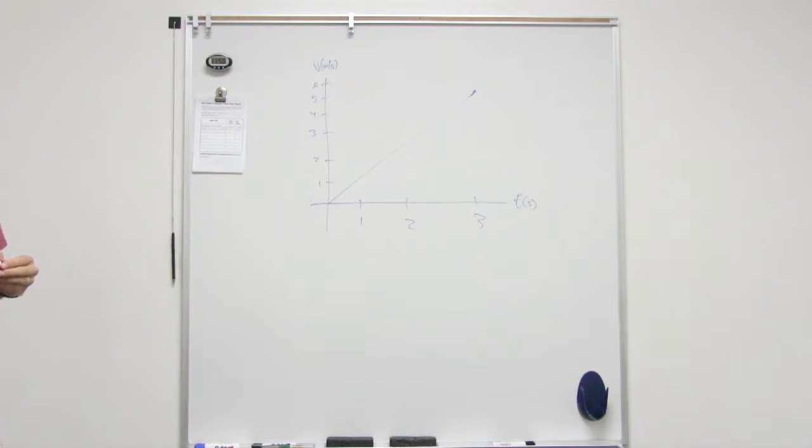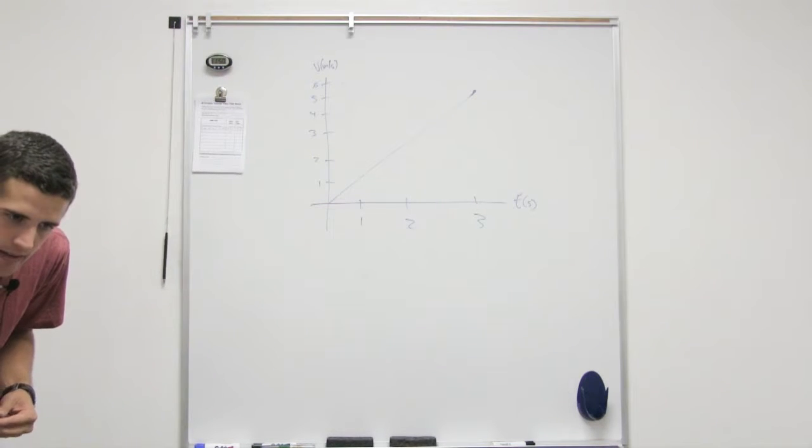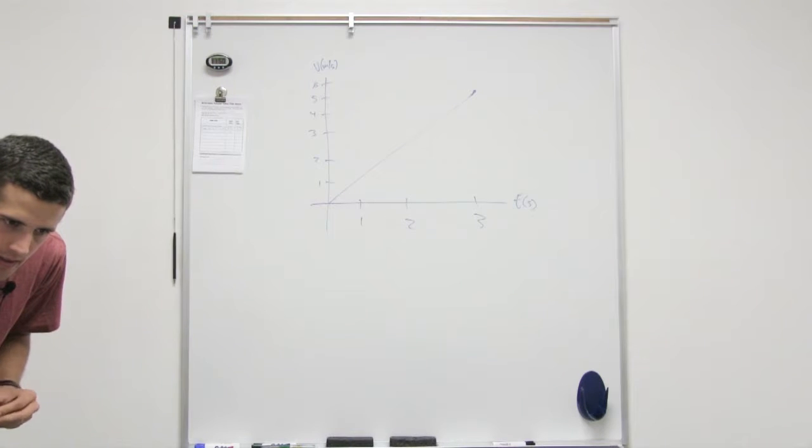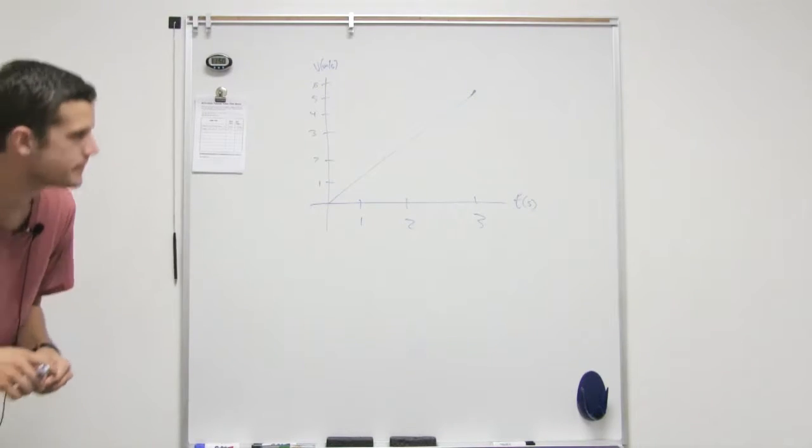Okay, so I need to find position, velocity, and acceleration when x naught is 2 meters at t naught equals 0, and at 2 seconds we need to find the particle's position, velocity, and acceleration.